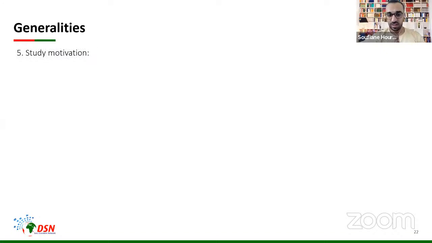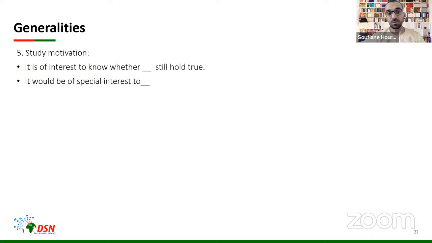Now the motivation, in general, could come from a hypothesis or something that we observed. For example, it is of interest to know whether something still holds true. So this is for the hypothesis. For example, it would be of special interest to.